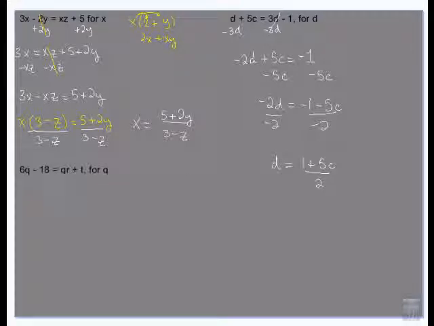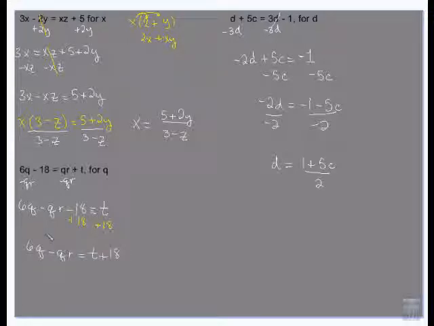I'm going to move this QR over. So I get 6Q minus QR minus 18 is equal to T. I'll add 18 to both sides, to get 6Q minus QR is equal to T plus 18.